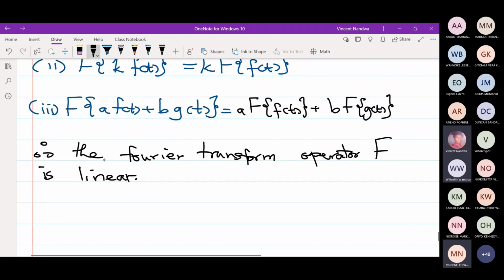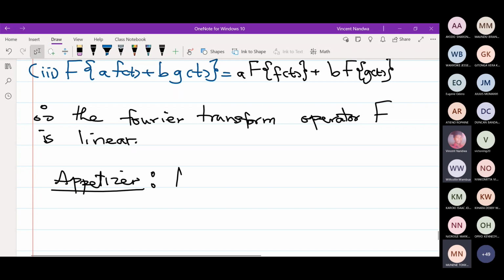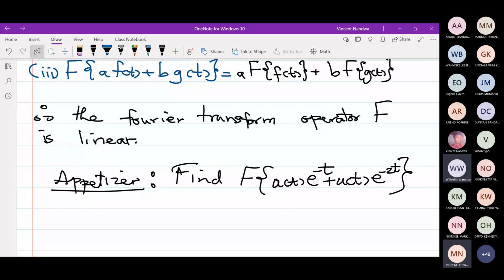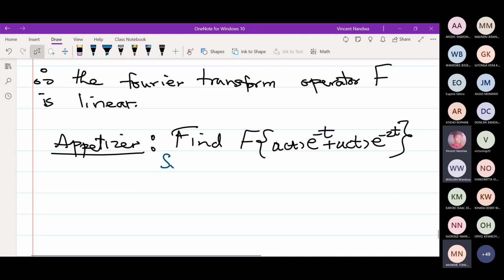So as a quick example, find the Fourier transform of u of t e raised to power negative t plus u of t multiplied by e raised to power negative 2t. So this is how we solve this.